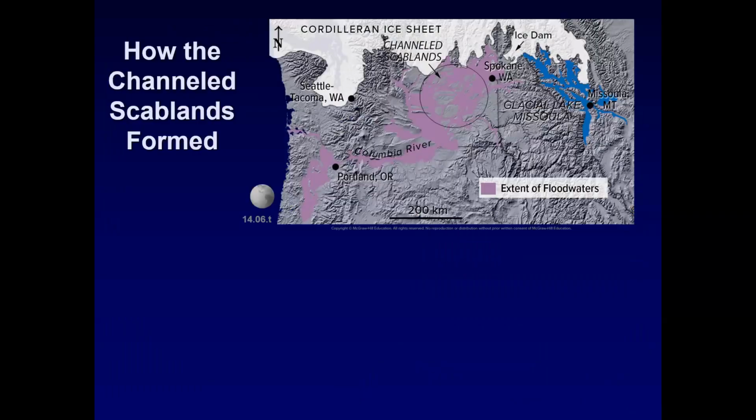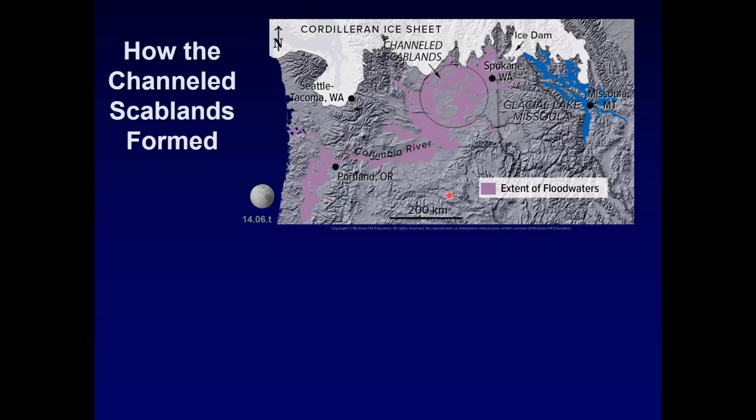So how did the channeled scablands form? All right, so we had an ice dam on this kind of complex glacial Lake Missoula. At a certain point, that dam broke and then flooded all the way throughout the west here in purple.